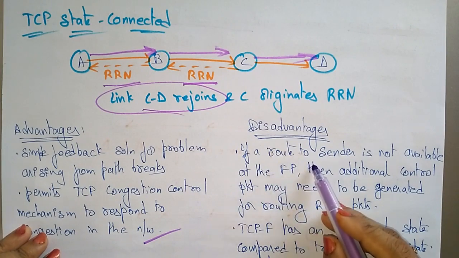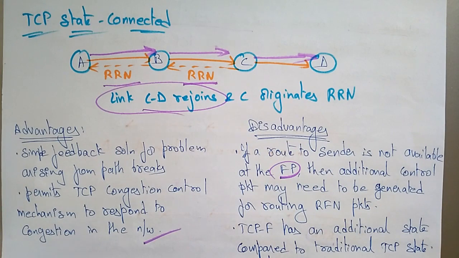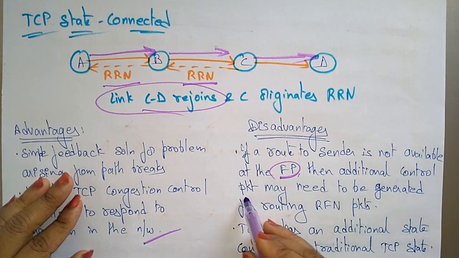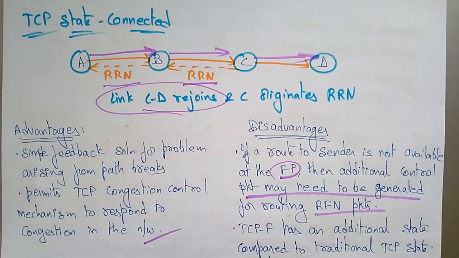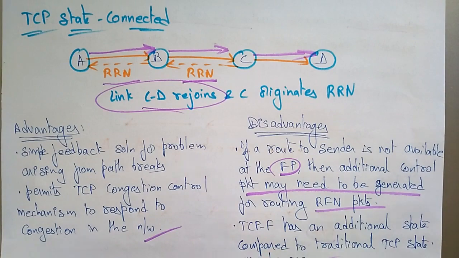If the route to the sender is not available at the failure point, then an additional control packet may need to be generated for the route failure notification packet. This is one of the disadvantages. And TCP feedback has an additional state compared to the traditional TCP state mechanism. So these are the disadvantages of feedback TCP.